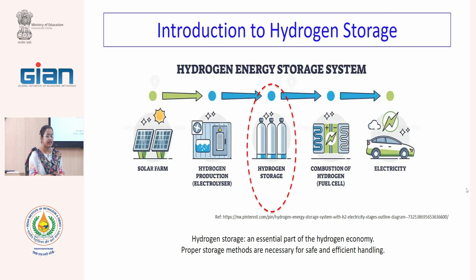So, you need to store this hydrogen. That is why storage comes into the picture, so that the hydrogen that you store, you can use it later for the application purpose.